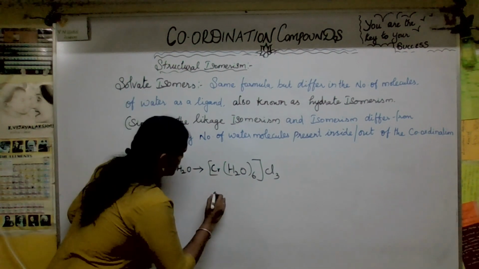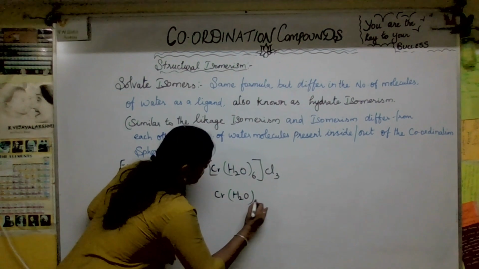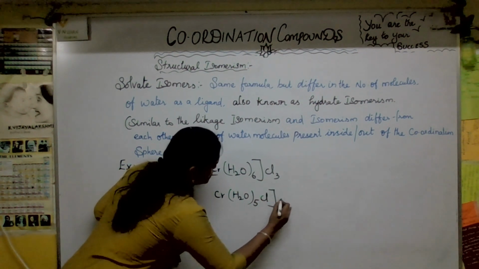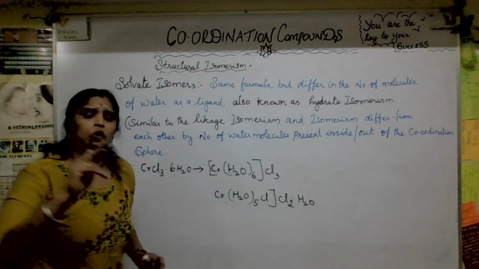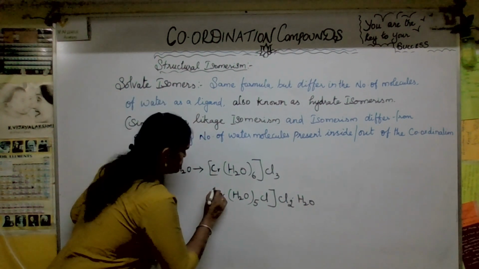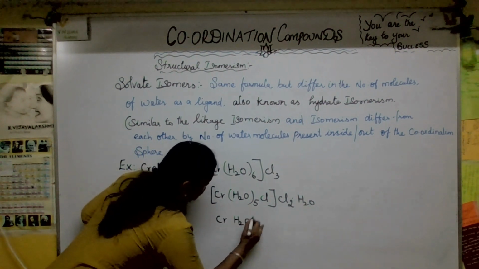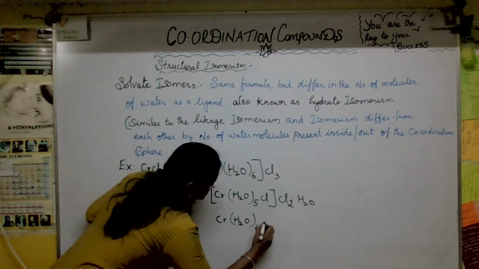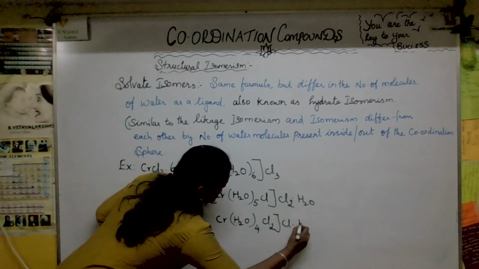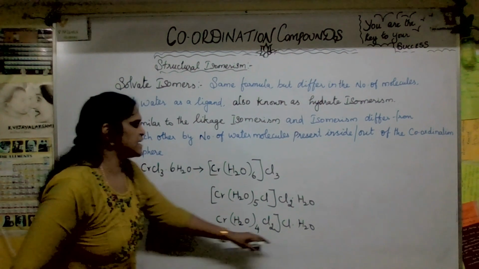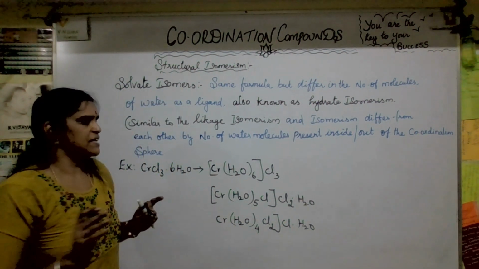Whereas another one, [Cr(H2O)5Cl]Cl2·H2O. So 2 chloride ions are ionizable. Whereas the other one, [Cr(H2O)4Cl2]Cl·2H2O. See that inside-out exchange. So this has only one chloride which is ionizable.